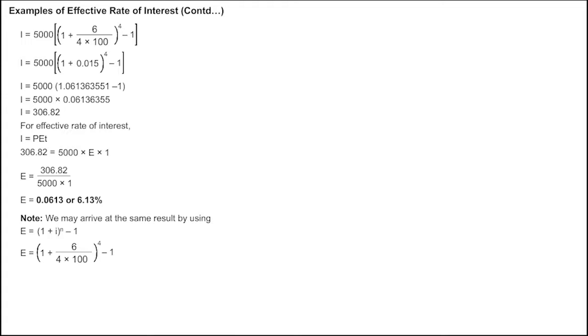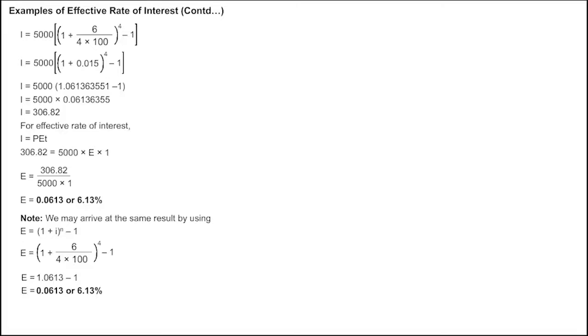The value inside the bracket can be simplified, and the answer is 1.0613 minus 1. Hence we get capital E equal to 0.0613 or equivalently 6.13%. So using either of the two formulas, we get the effective rate of interest as 6.13%.